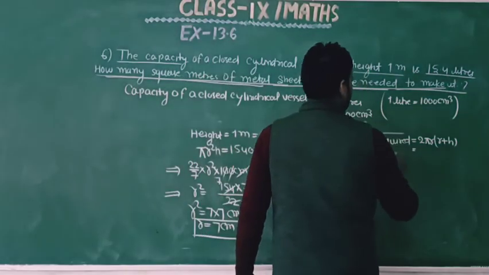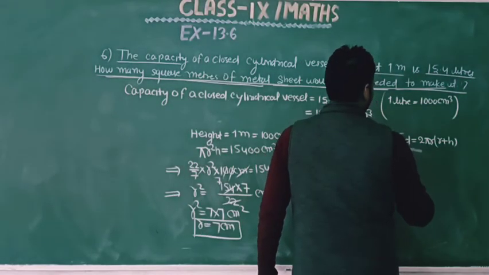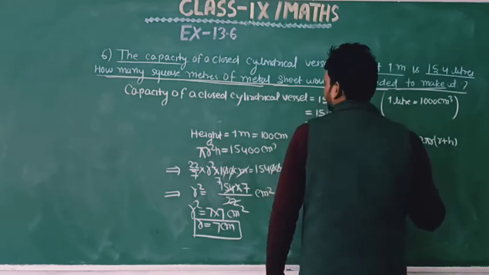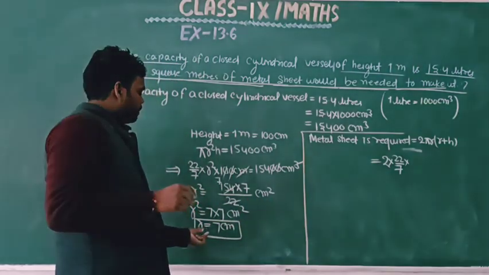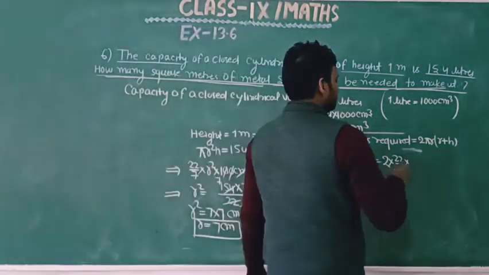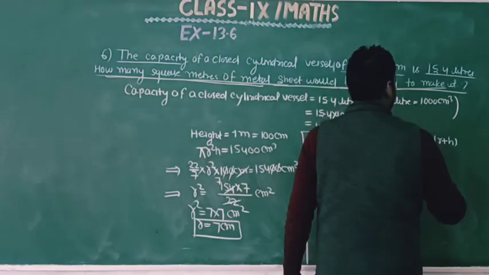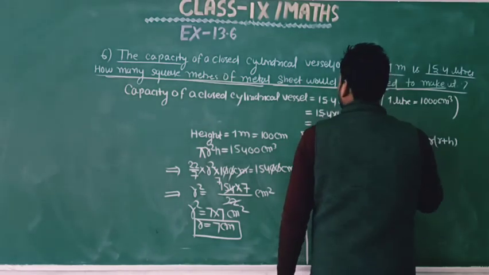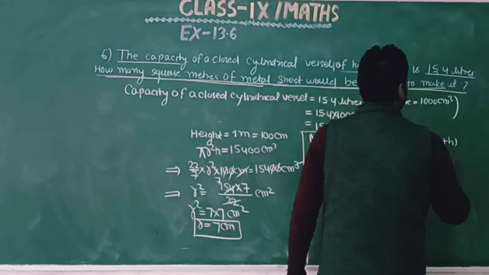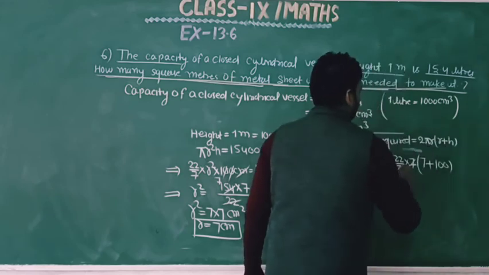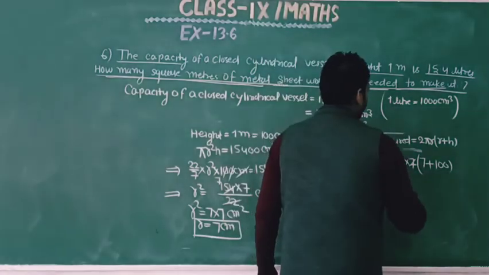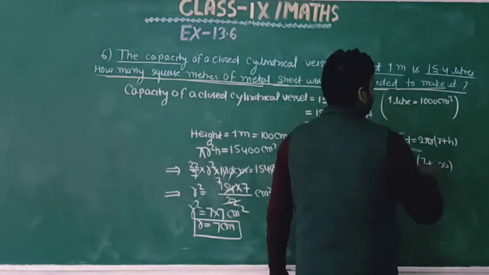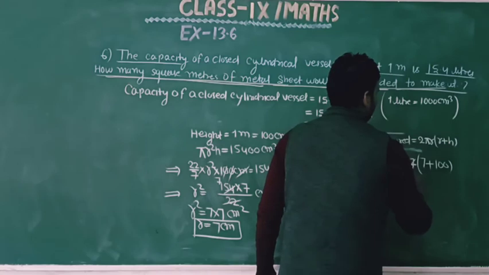So this is 2 into 22/7 into radius, which we found is 7 centimeter, so write 7 in bracket, 7 plus the height, 100 centimeter. So 7 cancels out, and 2 multiplied by 22 is 44, and 7 plus 100 gives me 107.